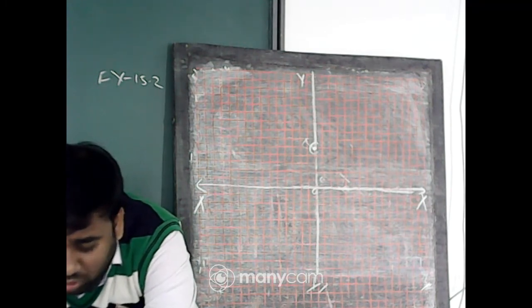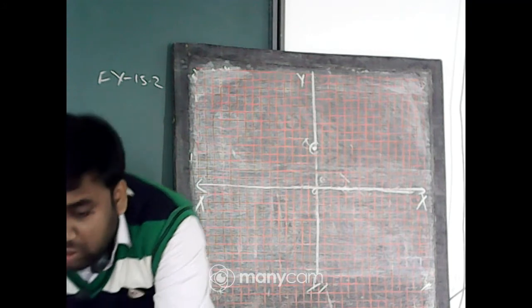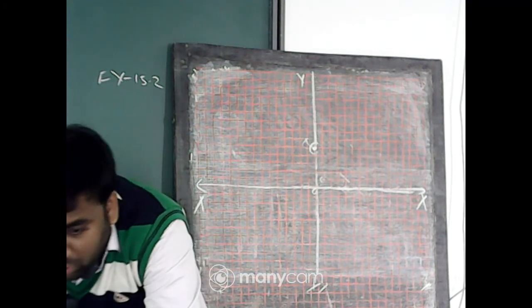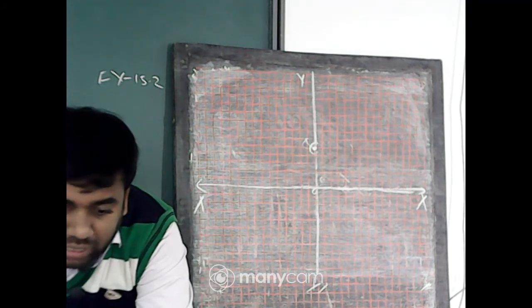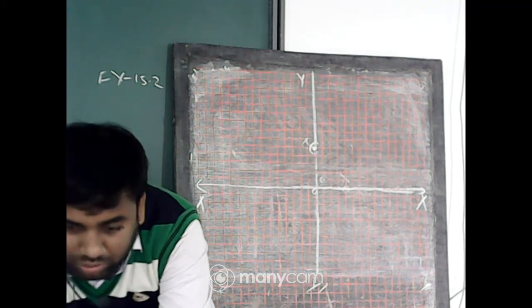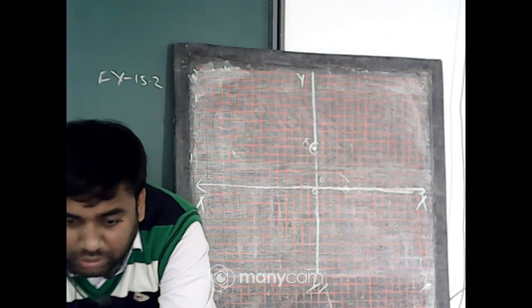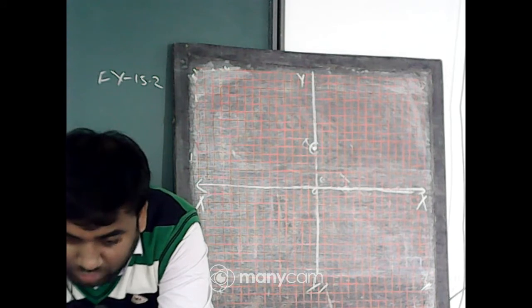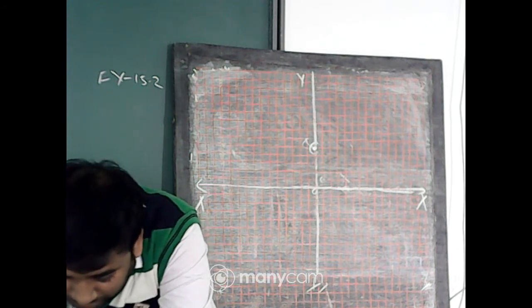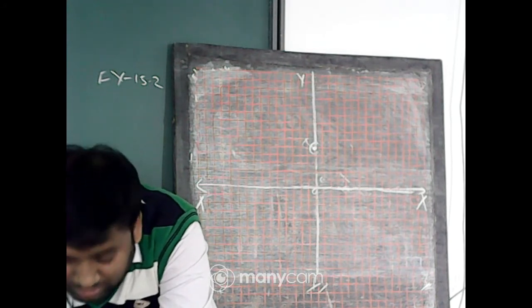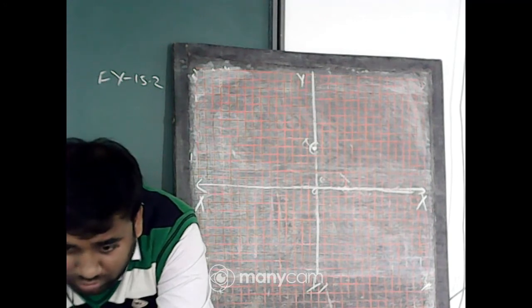Next, tell me the coordinate of L, not Q. What I ask, only answer that question, not sequentially. What is the coordinate of L? Very good, Sneha. (7, 7). Very good.